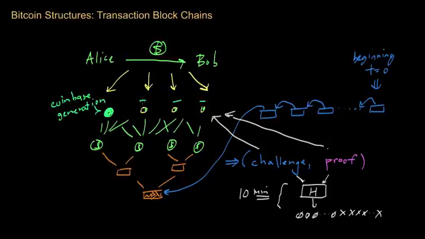I really mean the one that has the highest aggregate difficulty associated with the underlying proof of work protocol in each of the transaction blocks. So they'll look at the total amount of effort that was required to generate that chain, and whichever chain has the most work associated with it is the chain that's sacrosanct. It's a chain that everybody will accept. Now, you may get some weird discrepancies because of network latency issues and so on, but the idea is that after maybe a couple of rounds, when there are ties, they'll quickly resolve themselves as long as most of the nodes are behaving honestly and sticking to their implementation of the protocol.